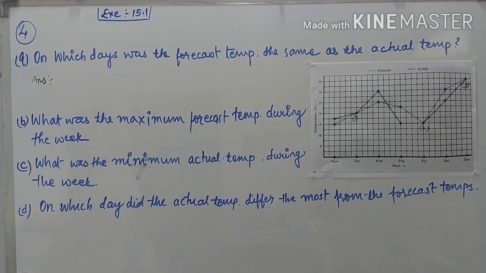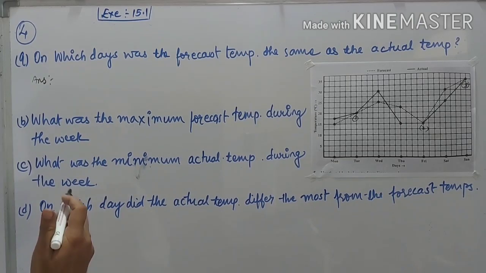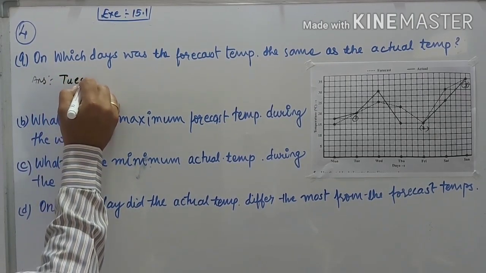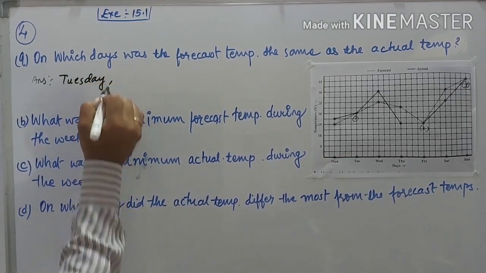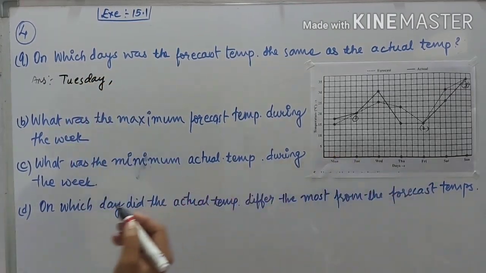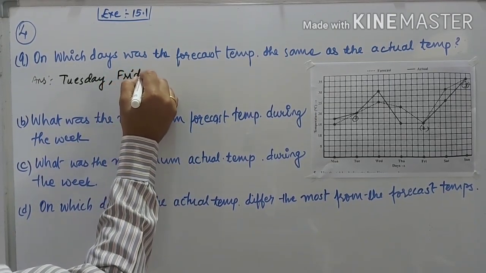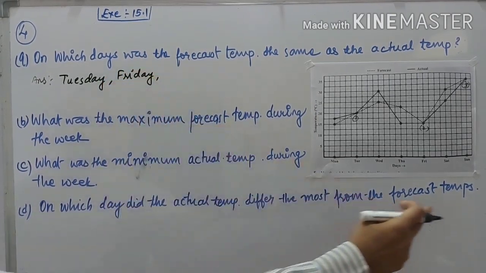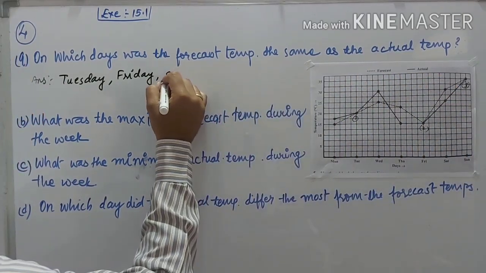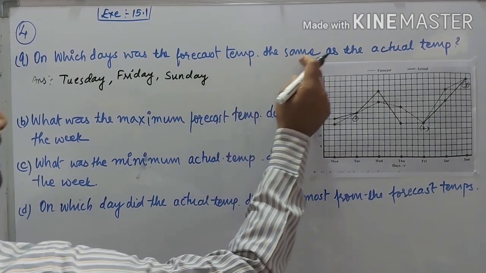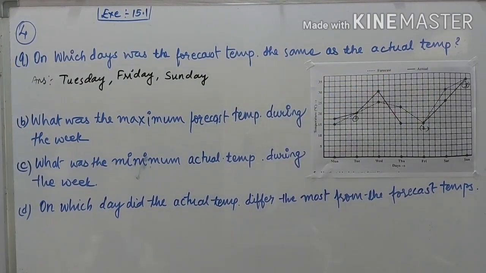You write the answer Tuesday, and Friday, and last is Sunday. On these three days the forecast temperature is the same as the actual temperature.